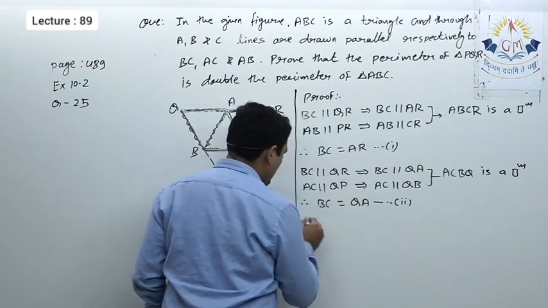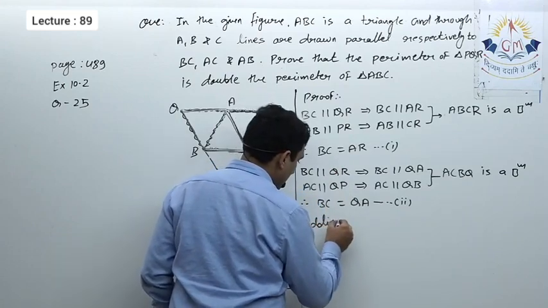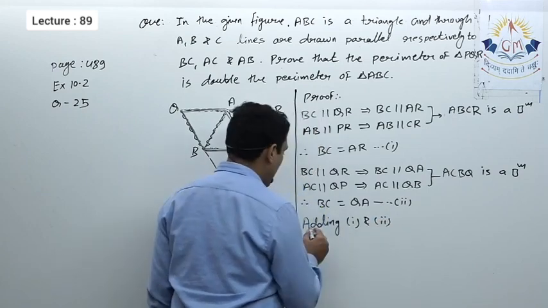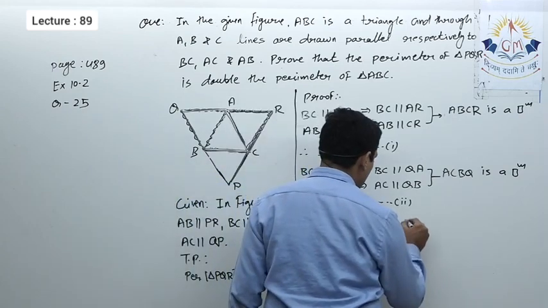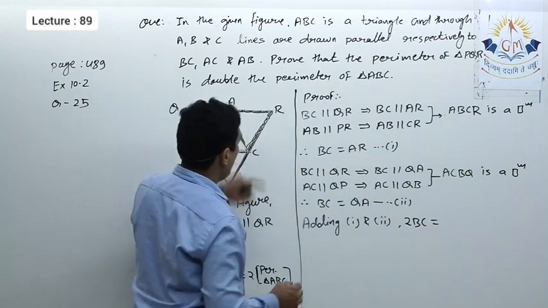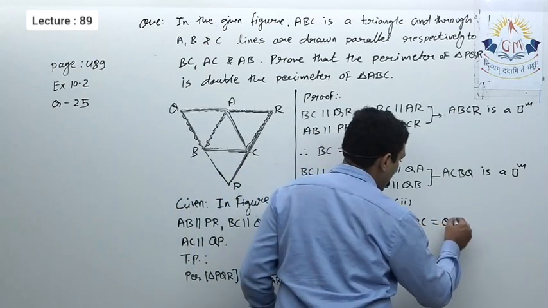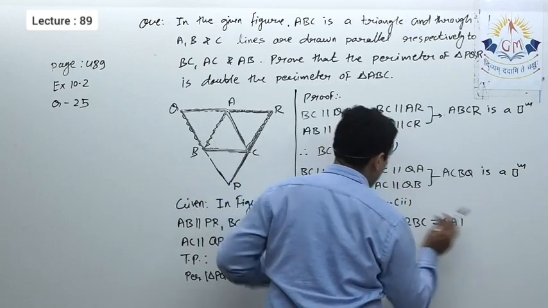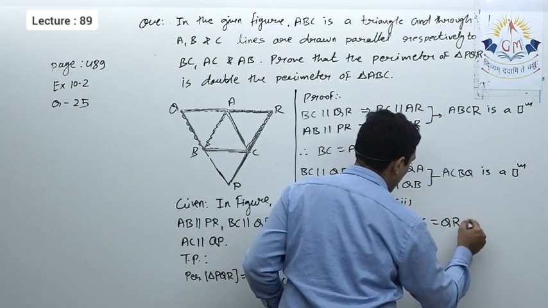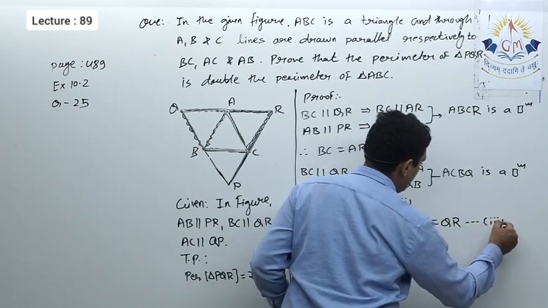Now adding first and second, what we will get: twice BC is equal to QA plus AR, that is QR. Let it be third.